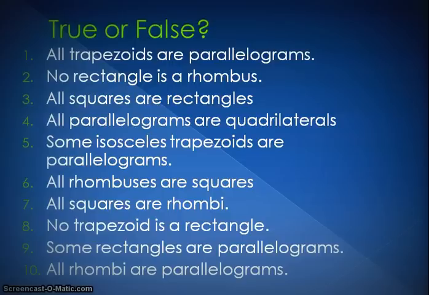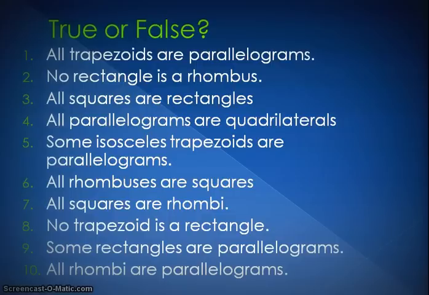Some isosceles trapezoids are parallelograms. All rhombuses are squares. All squares are rhombi. No trapezoid is a rectangle. Some rectangles are parallelograms, and all rhombi are parallelograms.